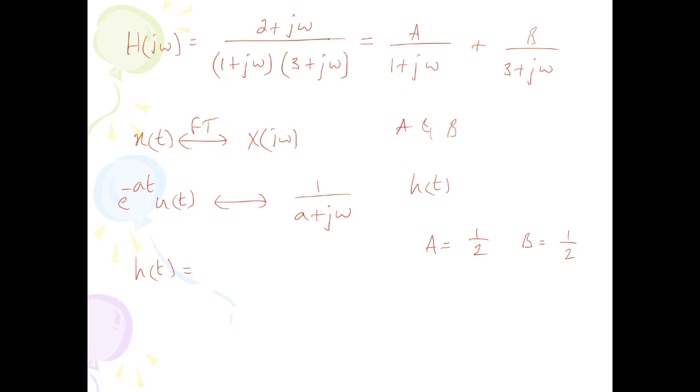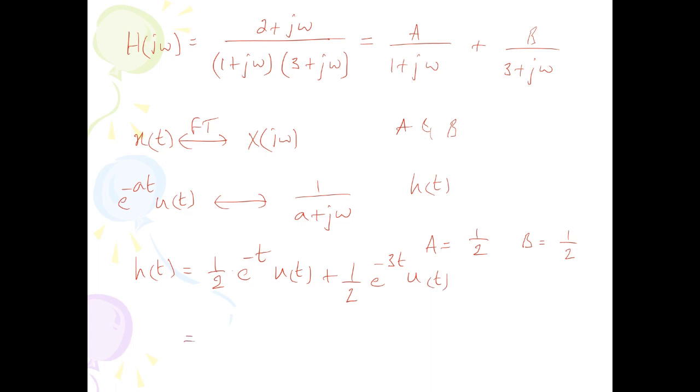So h of t is half into e power minus t u of t plus half into e power minus 3t u of t.